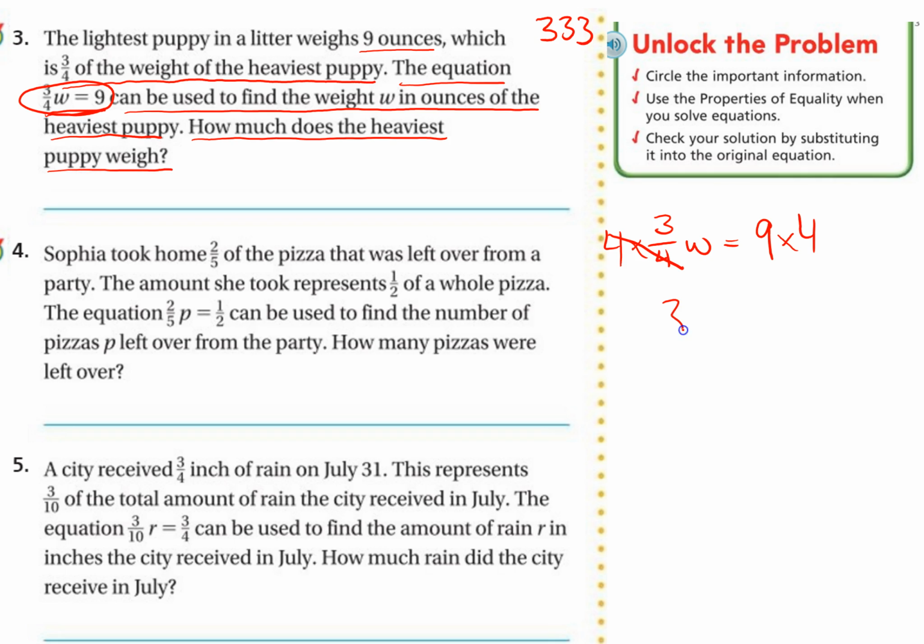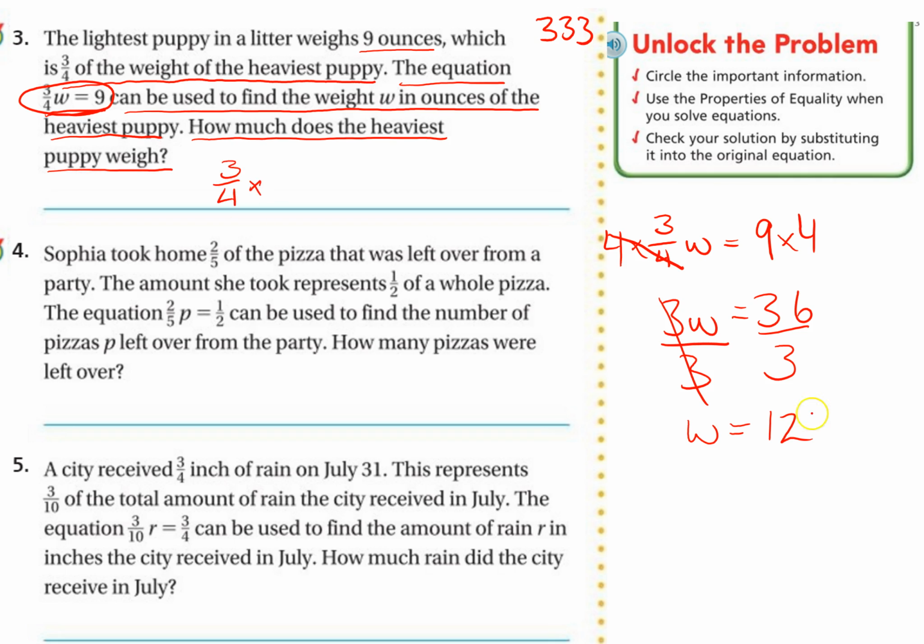So that will leave me with just 3W on this side and 36 on this side. And then now I got to get rid of the 3. Divide both sides by 3, leaving me just W on the left side. And 3 goes into 36 12 times. So W equals 12.